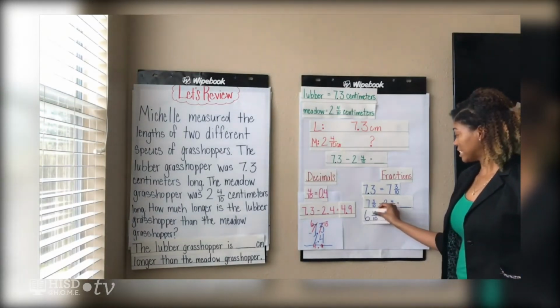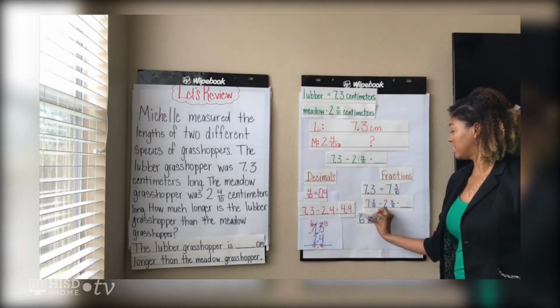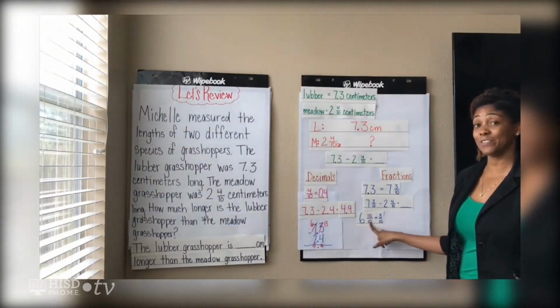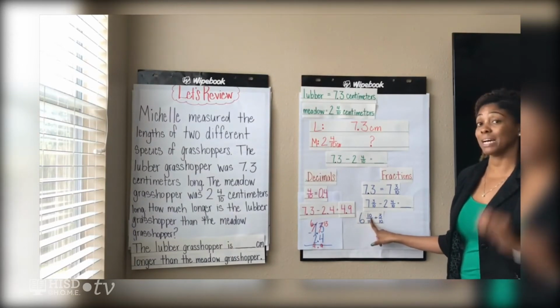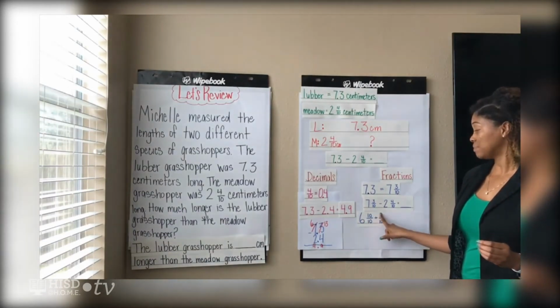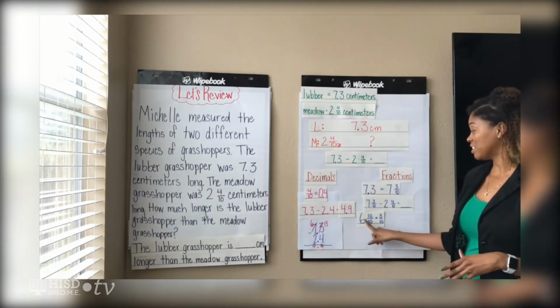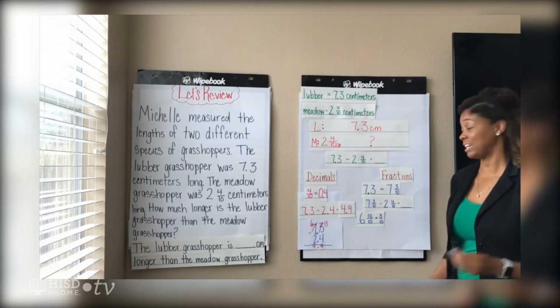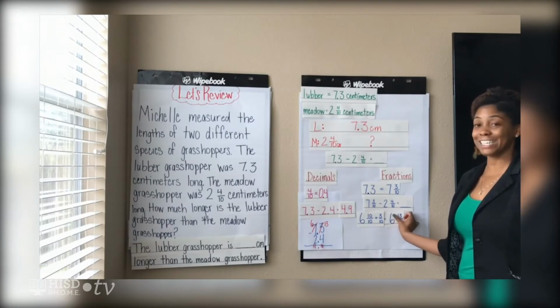So we're going to take that 7 3/10 and we're going to rewrite it as 6 10 over 10, which represents one whole. These two together give me my 7 wholes, plus my 3/10, which is already visible there. So I know that 6 10/10 plus 3/10 is the same as 6 13/10.